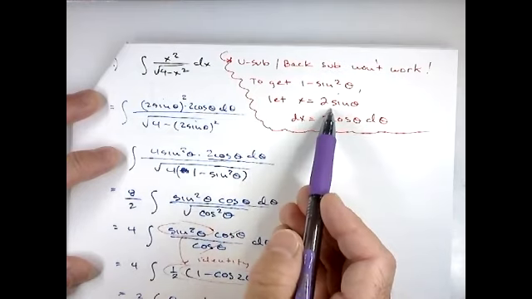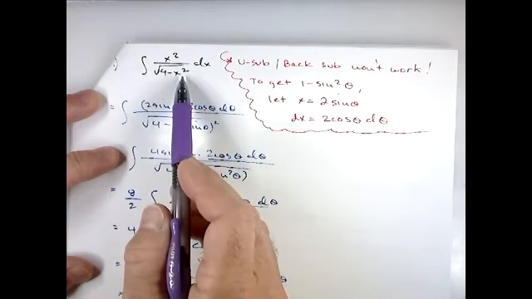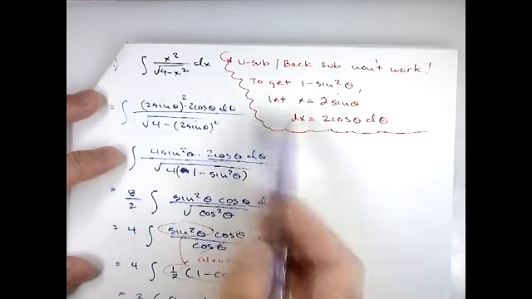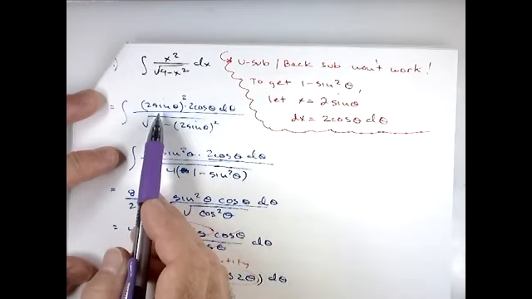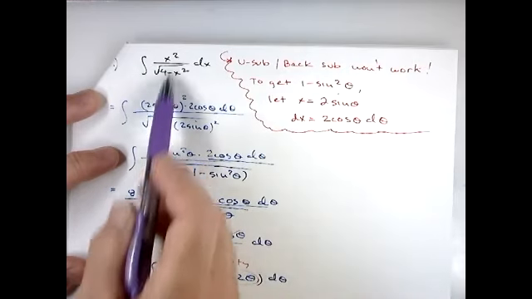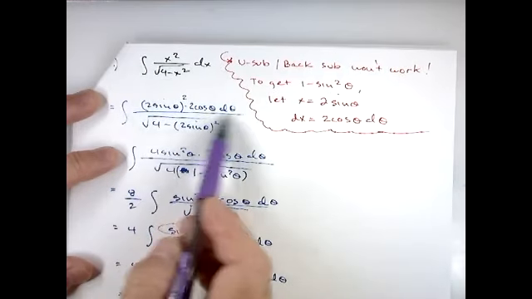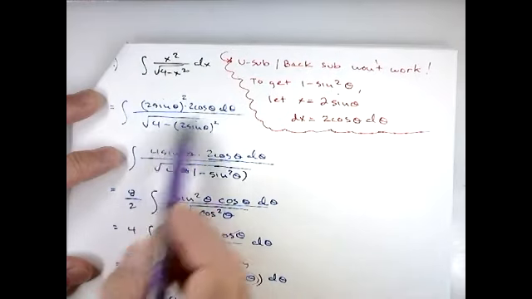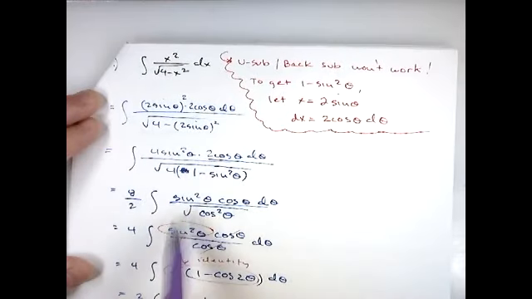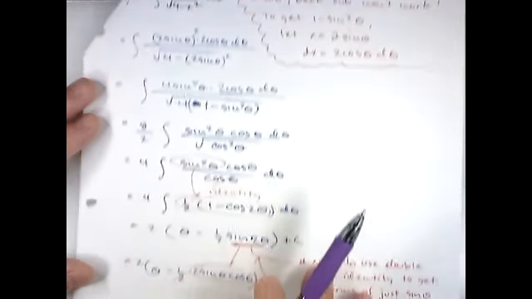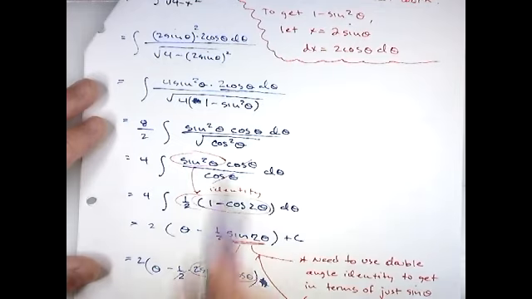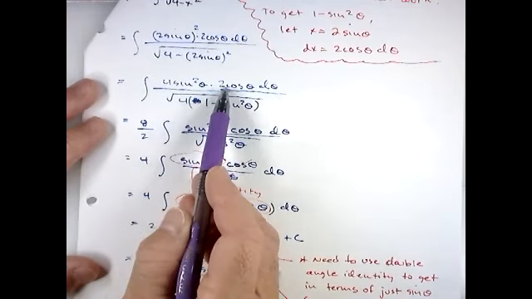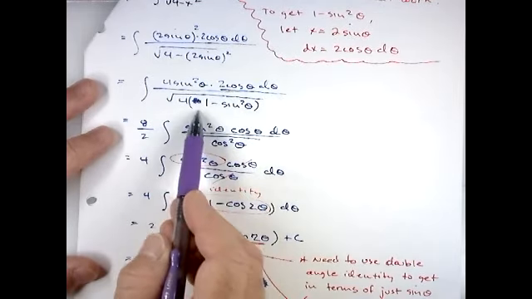So here you'd want to let x be 2 sine theta. Dx is 2 cosine theta d theta. So there's x squared right here. There's dx. 4 minus 2 sine theta squared. All right, this is 4 sine squared theta times 2 cosine theta.